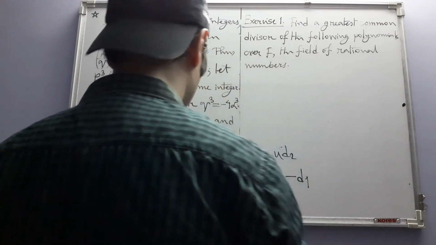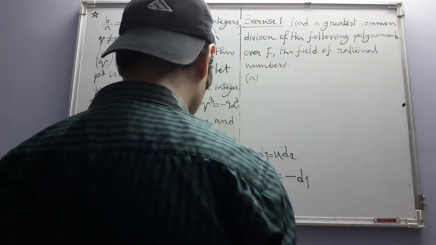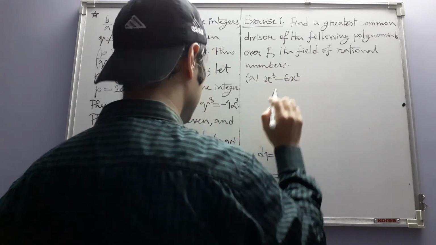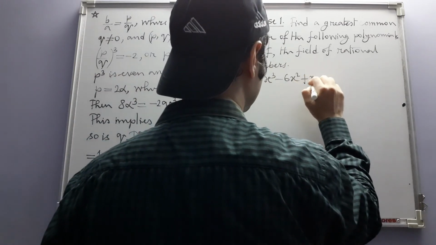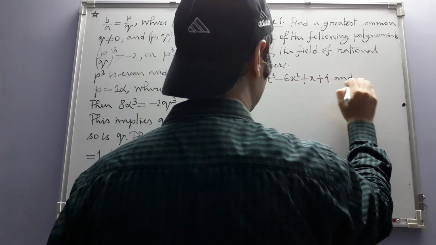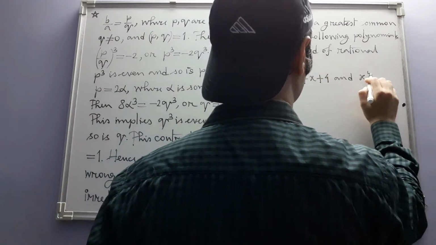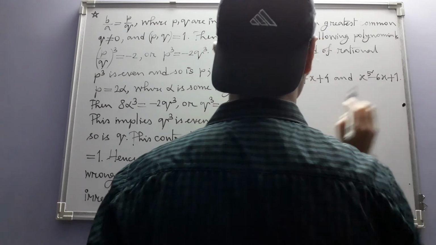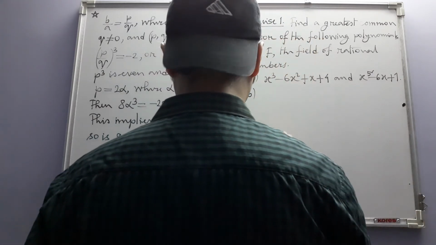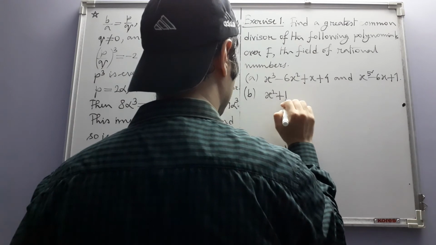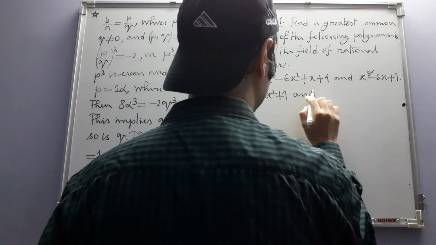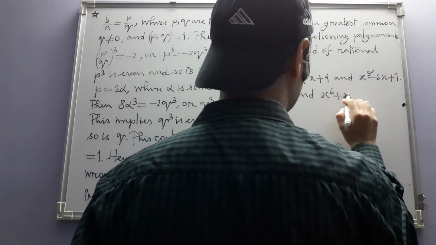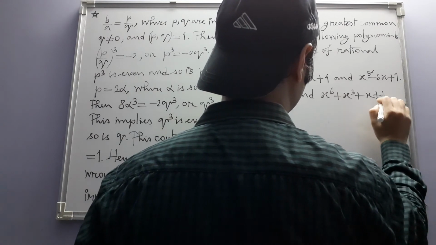Okay, so what are the polynomials? Part A has this: x cube minus 6x square plus x plus 4 and x to the power 5 minus 6x plus 1. And part B is easy, far easier than part A: x square plus 1 and x to the power 6 plus x cube plus x plus 1.